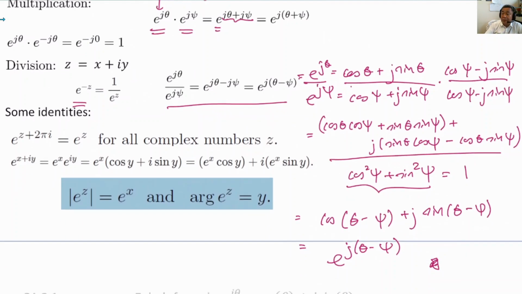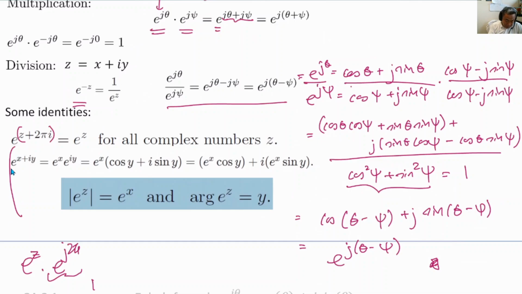Alright, so the rest of the identities follow. What about e^(z+j2π)? Well, we'll do it as e to the power z times e to the power j2π. Now e^(j2π) is 1, so this reduces to e^z.